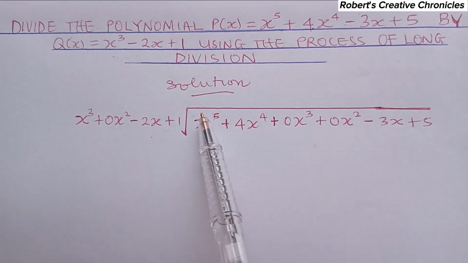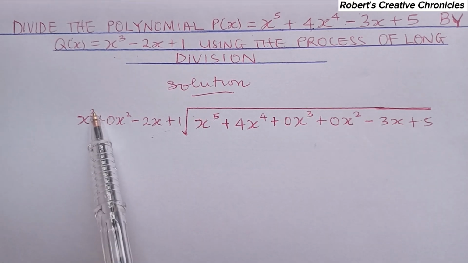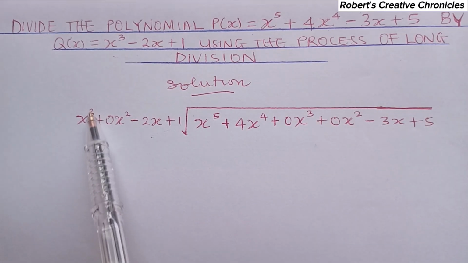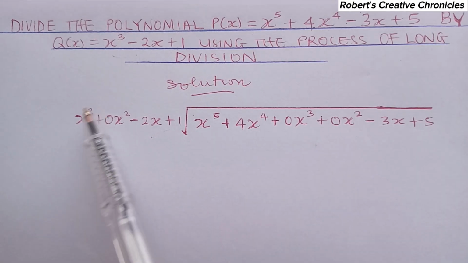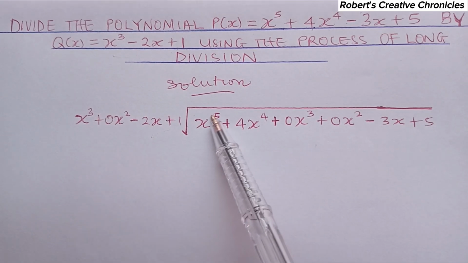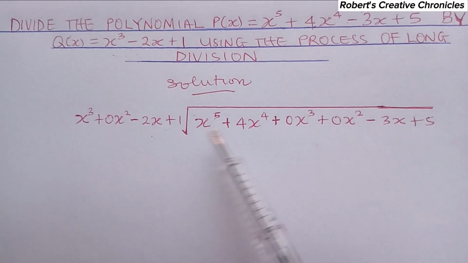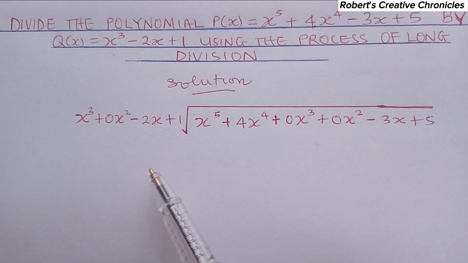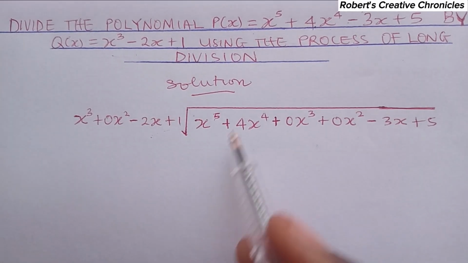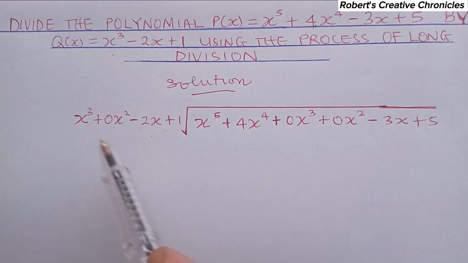The divisor's degree can be 5 downwards, so it can be 5, 4, 3, but it can never be greater than the degree of the dividend. If it's greater, we can't do this long division. Since the degree of the divisor is less than that of the dividend, we can proceed.